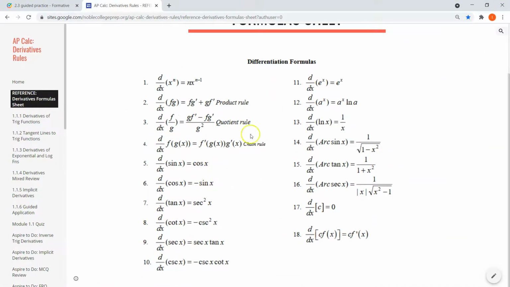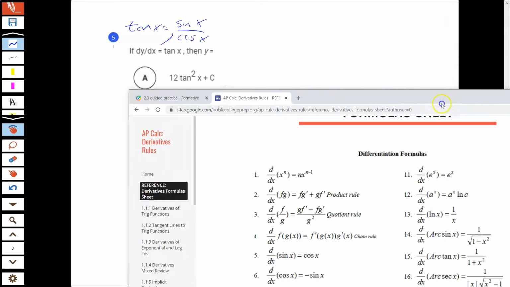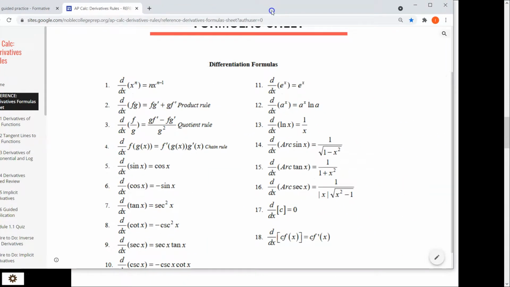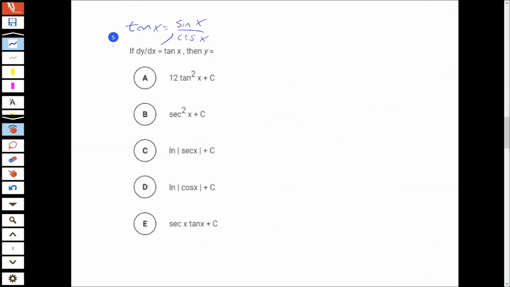So I'm going to look for the derivative of secant, or we'll start with tangent. So the derivative of tangent is secant squared of x. So I would do power rule first, 2 tangent of x times the derivative of tangent of x, which is secant squared of x. Derivative of c is 0.